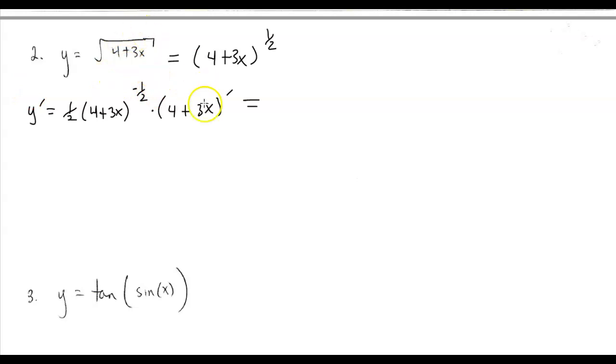And so the only thing that we really need to do now, because this first factor here is pretty much already done, is 1/2 times 4 plus 3x raised to the negative 1/2. That stays the same. So all we need to do now is take the derivative of 4 plus 3x. Well, we know the derivative of 4 is 0. The derivative of 3x is just 3.